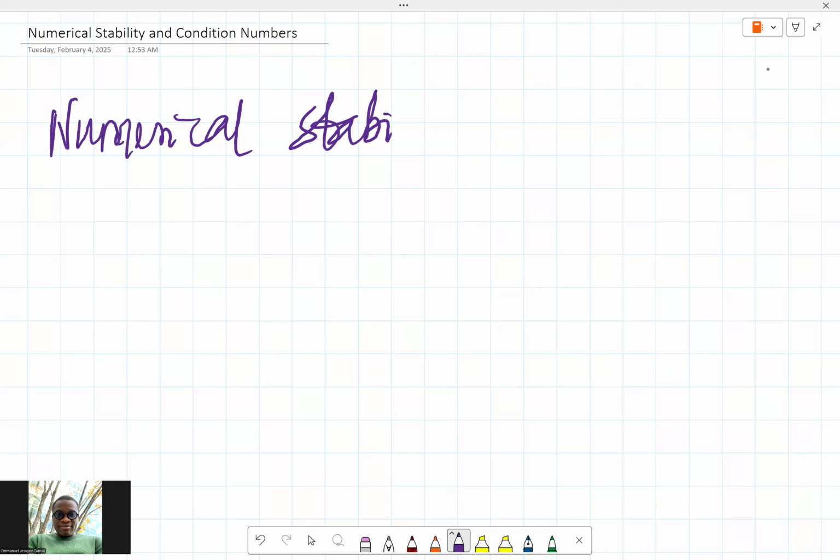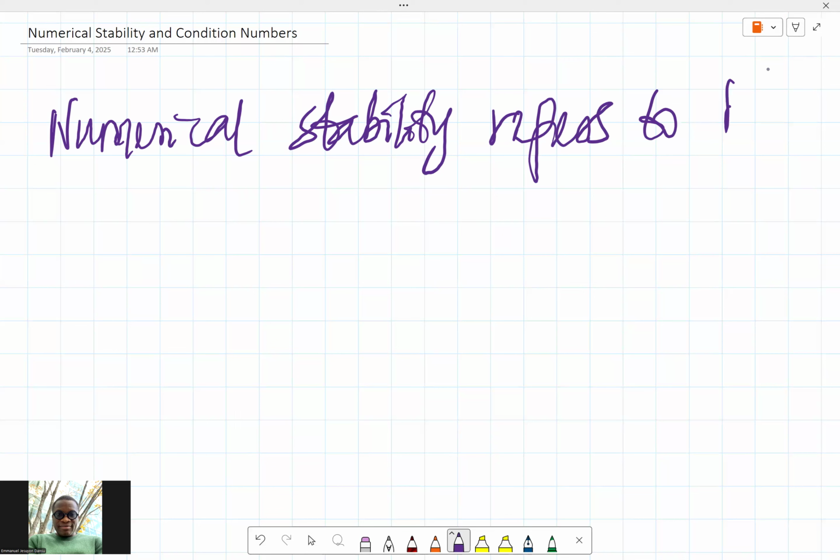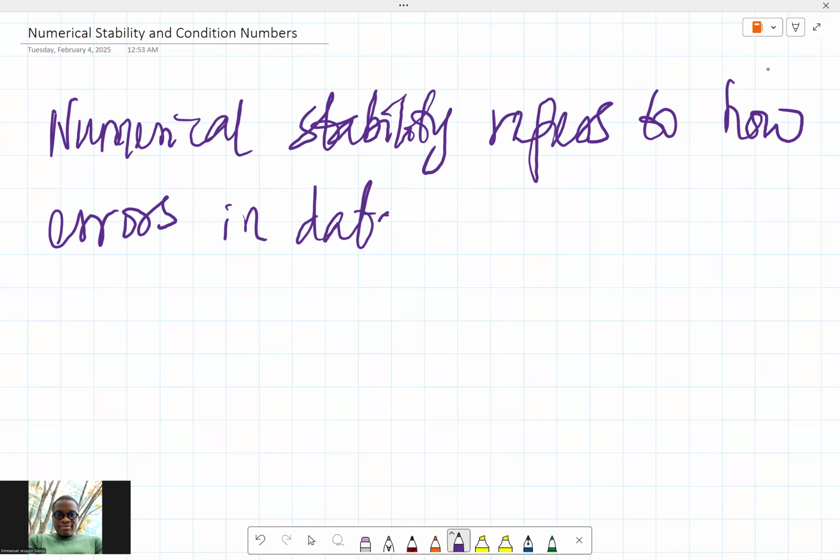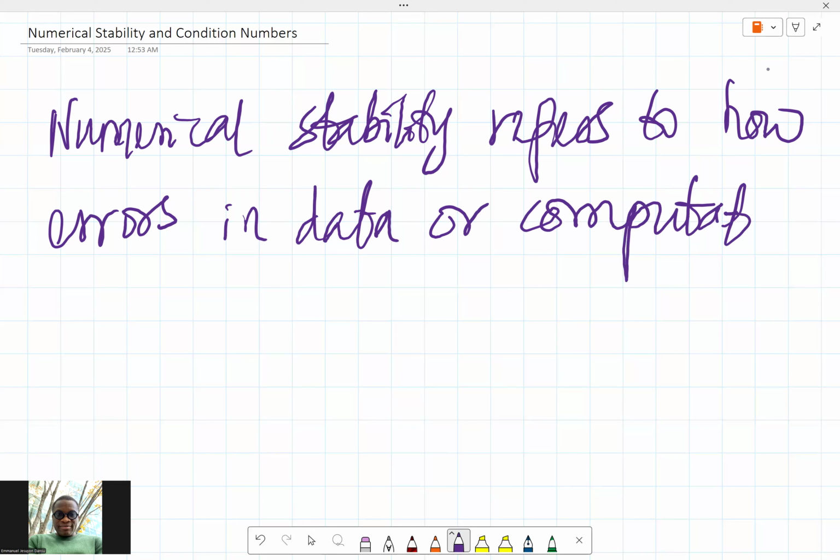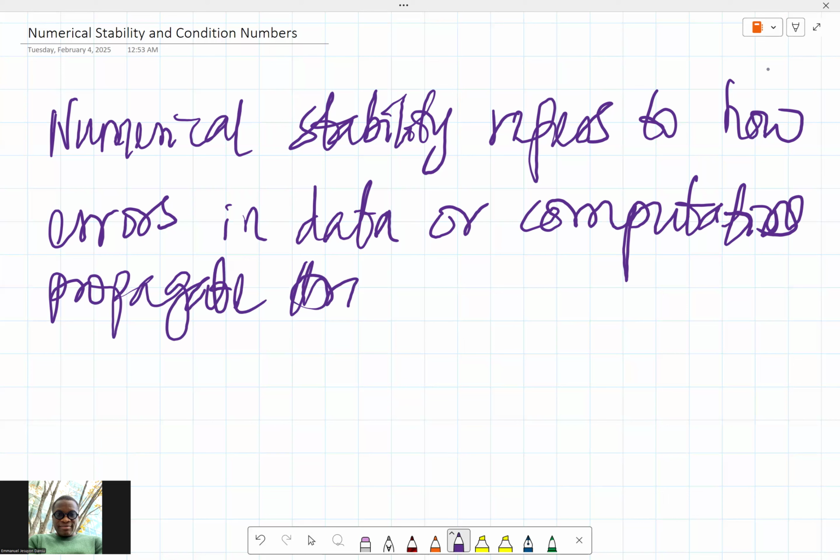Numerical stability refers to how errors in data or computations propagate through an algorithm.